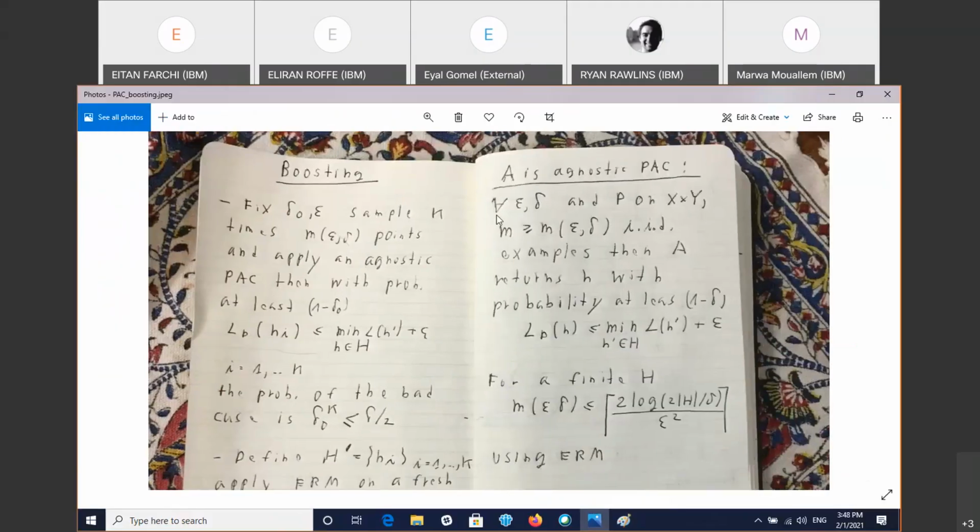Let's look at the definition again in the context of your question, Ryan. I want you to notice that there's no guarantee here with respect to drift. For all epsilon and delta and P, an adversary is choosing some probability. The loss function is less than epsilon on what probability space?